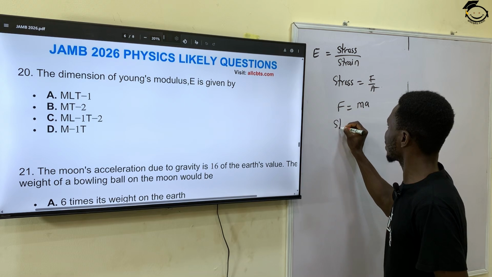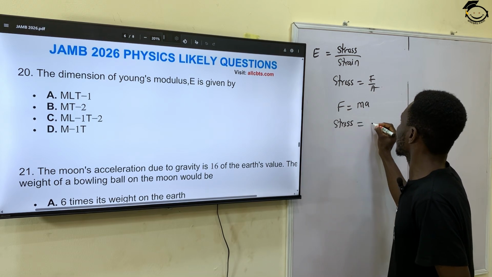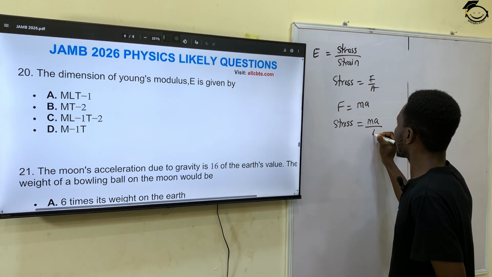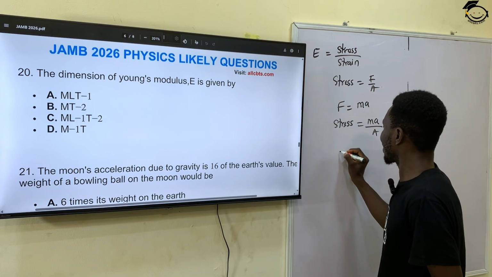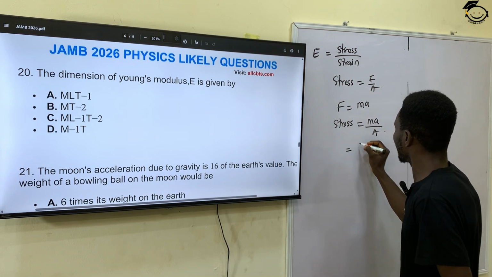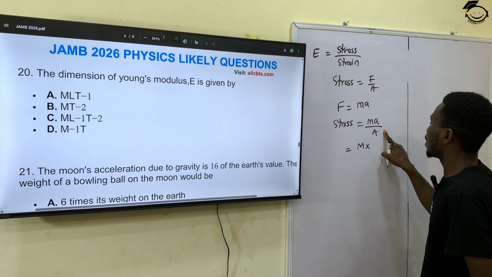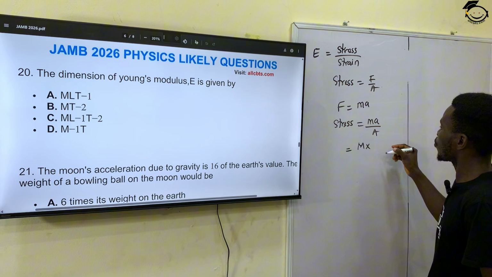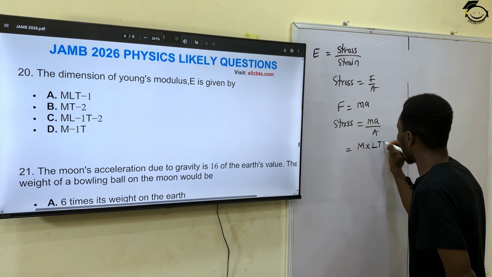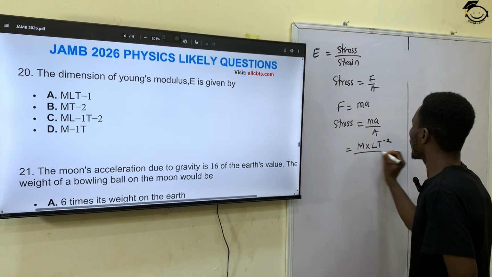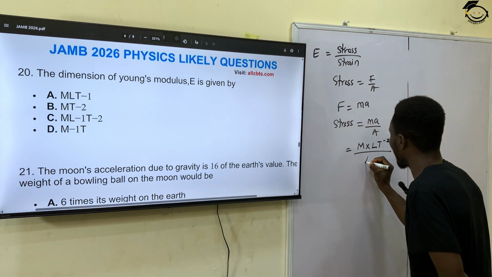So this means that stress is mass times acceleration over area. So my dimension for stress is going to give me mass times my acceleration, which is length per time square. So I have what? Length per time square over my area here, which is length square.